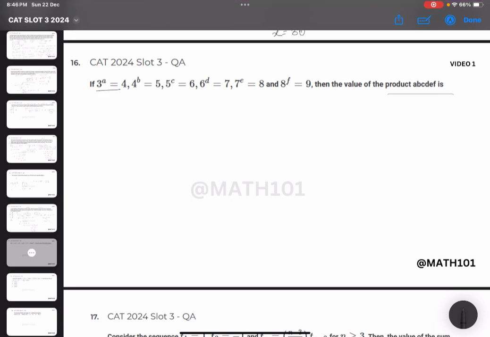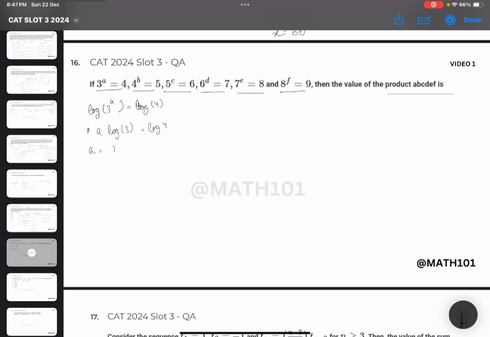3 power A equals 4, 4 power B is 5, 5 power C is 6, 6 power D is 7, 7 power E is 8, 8 power F is 9. Then the value of the product A, B, C, D, E, F is. So taking log on both sides, we get log of 3 to the power A equals log 4, which implies A comes down, A log 3 is log 4.